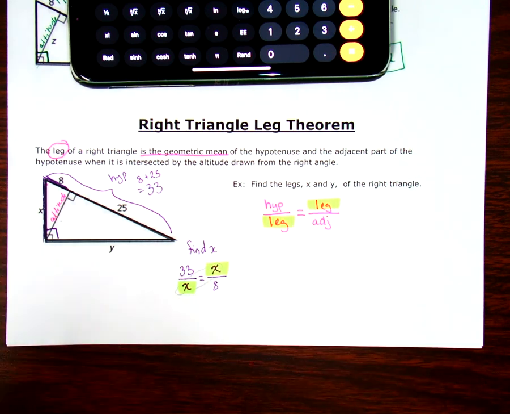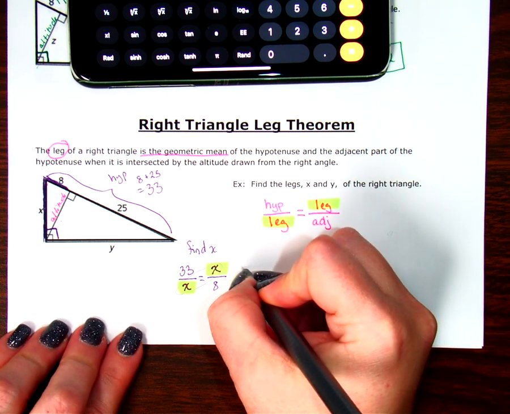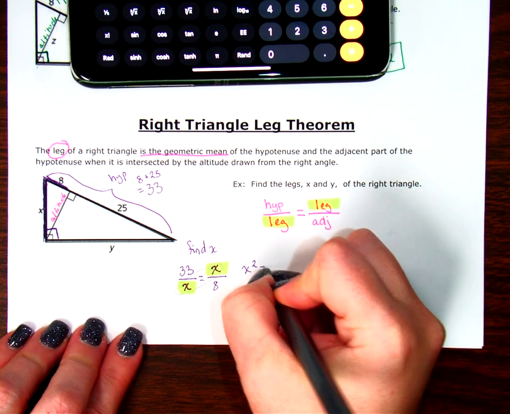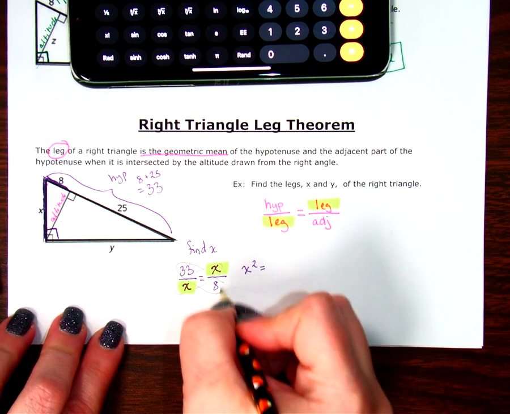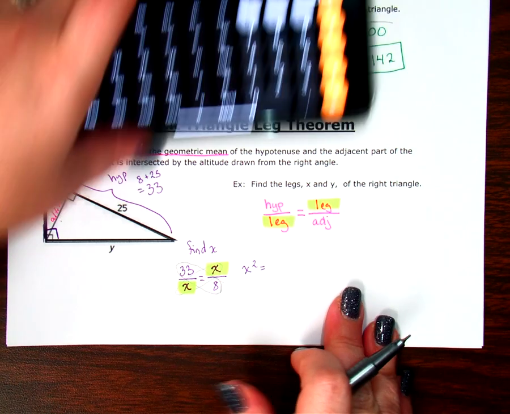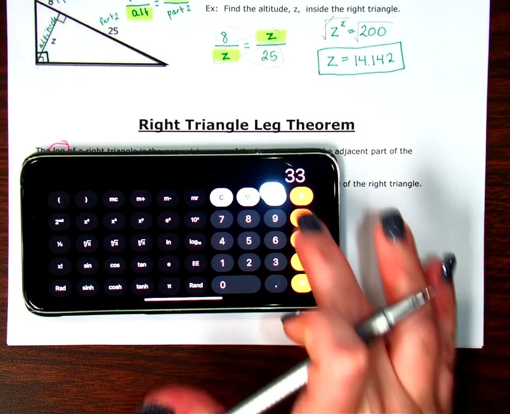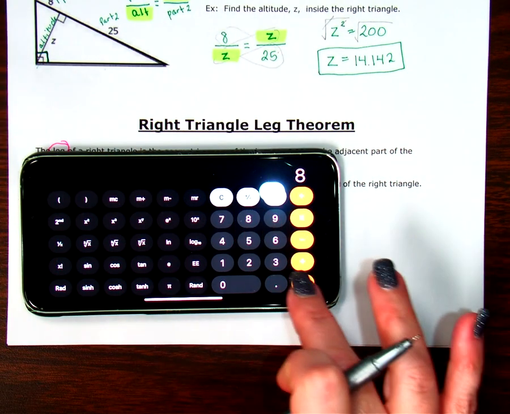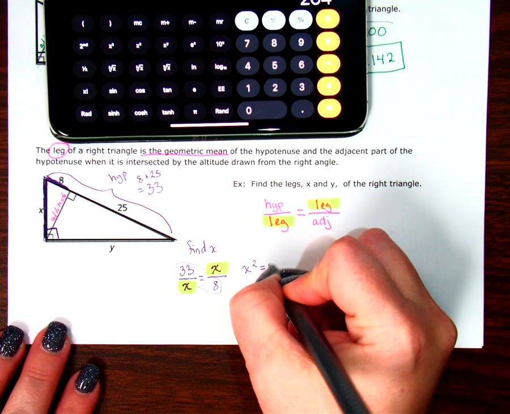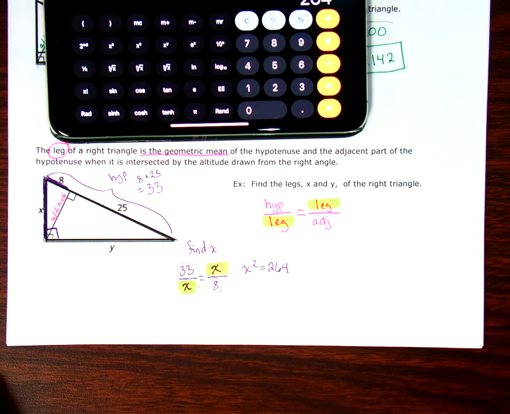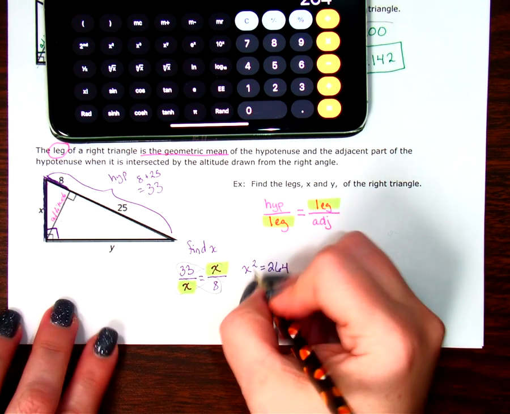And then I can cross multiply and solve. So x times x gives me x squared equals 33 times 8, which is 264.